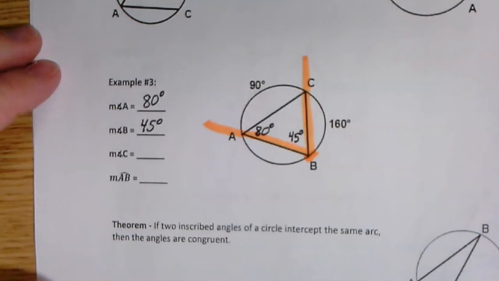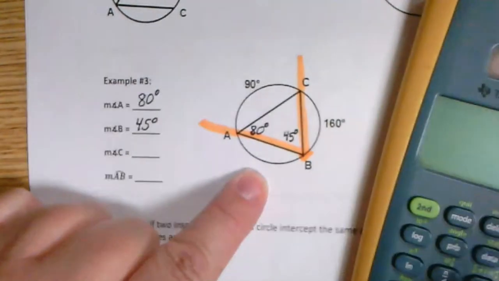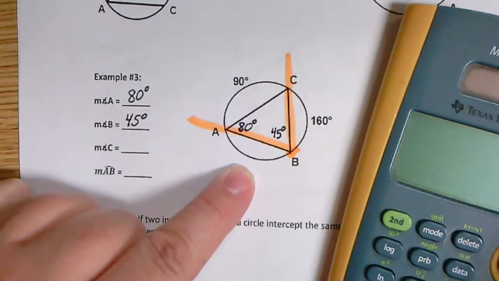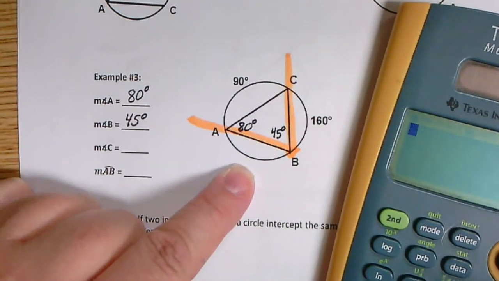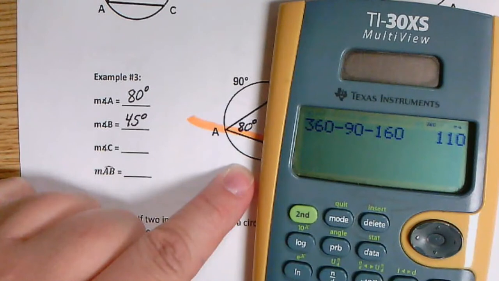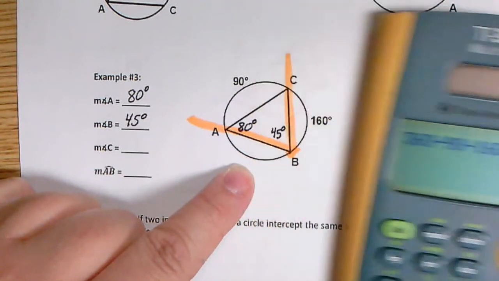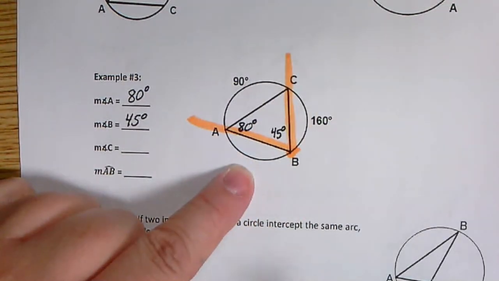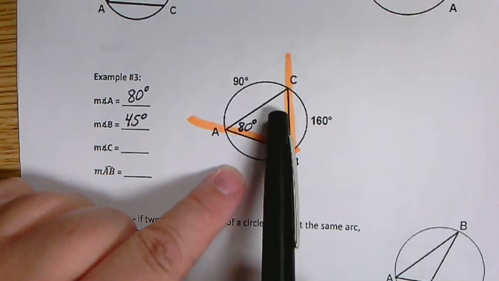So I could find this arc by doing 360 minus 90 minus 160. And I found that the arc is 110, the one I'm pointing at, which is arc AB. Then I could take half of that and get the measure of angle C. That's one way to do it.